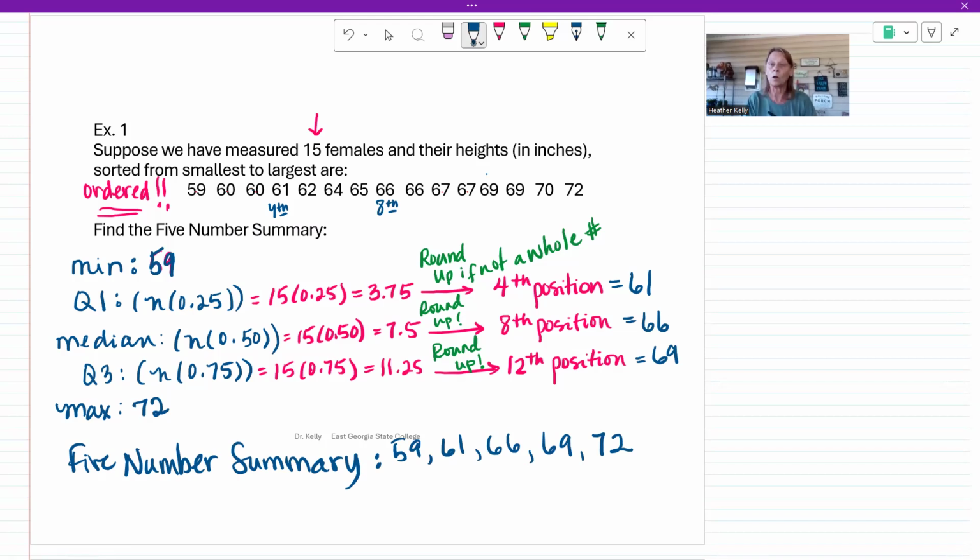They're in ascending order. They're going from the smallest value to the largest value. So if you get something wonky, like if you're right here at the median, or right here at the Q3 and you get the number 64, you messed up somewhere, right? Because these have to be in order because of what we're doing, right?